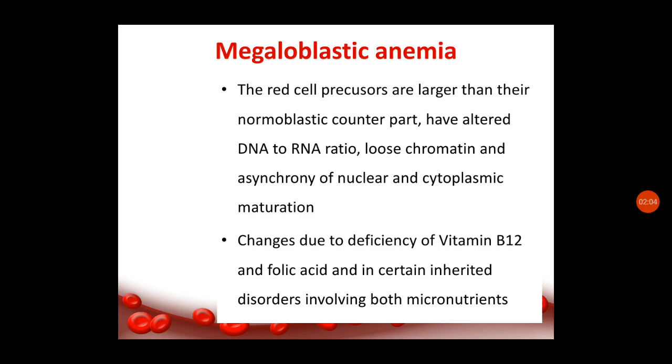There will be alteration in the DNA RNA ratio, some change from the normal values. Then loose chromatin can be seen, and asynchrony of nuclear and cytoplasmic maturation. So the maturation will be abnormal, the cells will look larger in size, with DNA RNA ratio mismatch and loose chromatin.